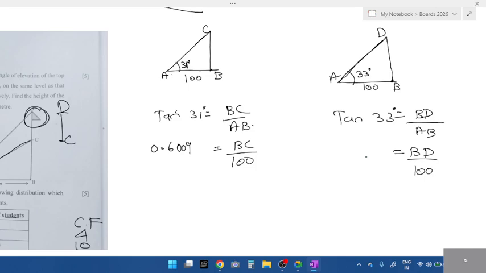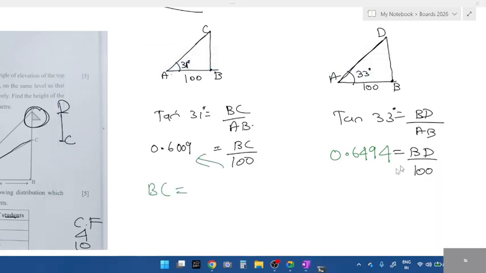Yes, Delisha, Bhargavi, what's the answer, students? What is tan 33? Check the value in the table. 0.6494 or 0.6491? Multiply this, find the value of BC.